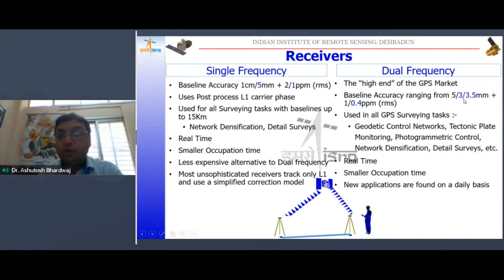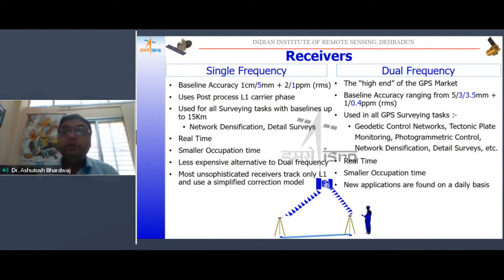So for this 2 mm, why should we spend that much money? Okay, but we have to understand the different working environments. The limitation with single frequency receivers is that the baselines can be of the order of 15 kilometers only. So that means if you are working with a study area which is smaller and has baselines of the order of 15 kilometers, then you can go ahead with the single frequency receivers.